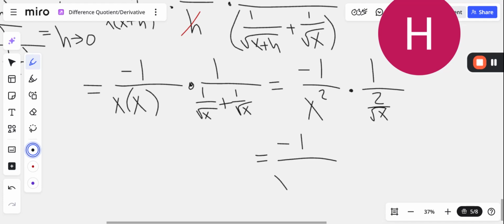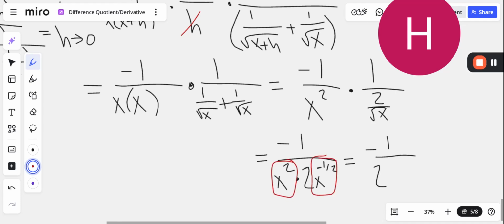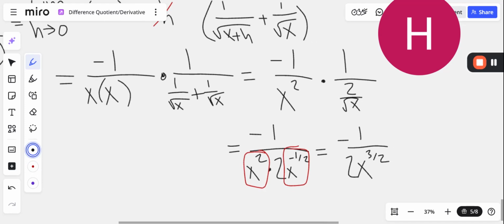Let's see, this is going to be x squared times 2x to the negative 1/2 power. See that? Because this radical is in the denominator, and it's a square root, so it's a negative power and a 1/2 power. And if we combine these together, these powers here of x squared and x to the minus 1/2, add the powers together and we get x to the 3/2.